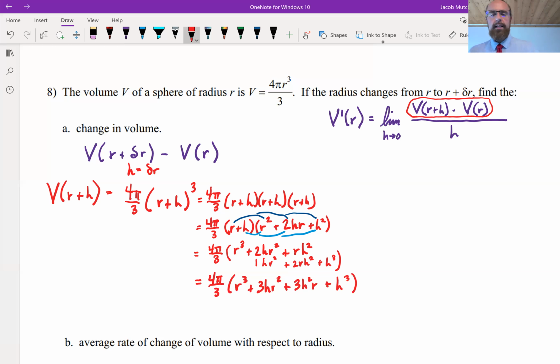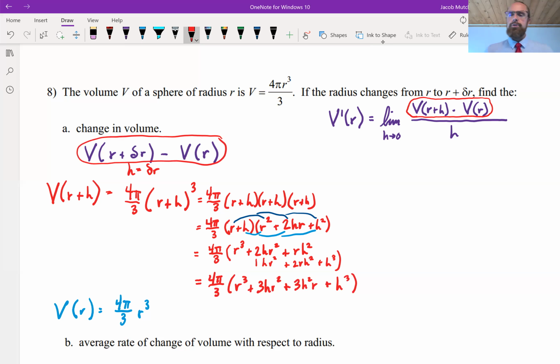And at that point, that is a polynomial version of the original cube. Well, let's also define our second one. So the original v at r is simply 4 pi over 3 times r cubed.